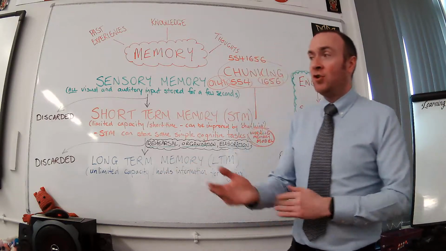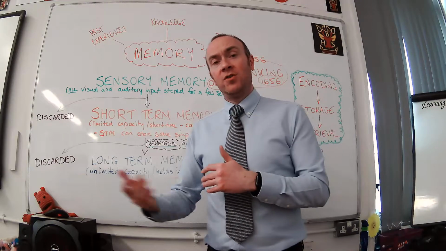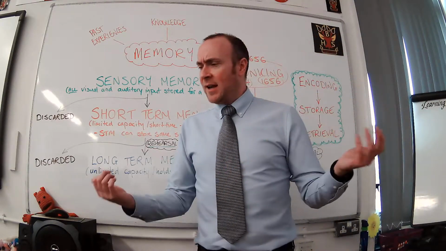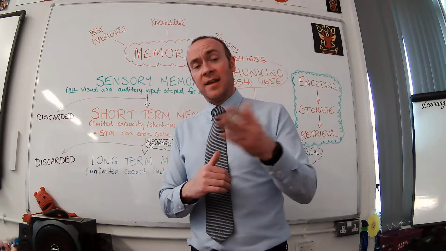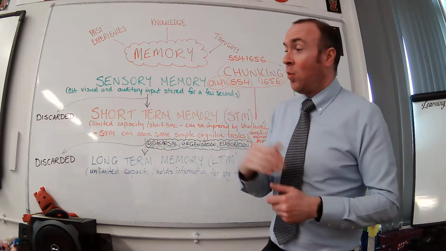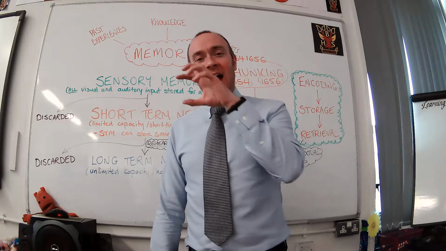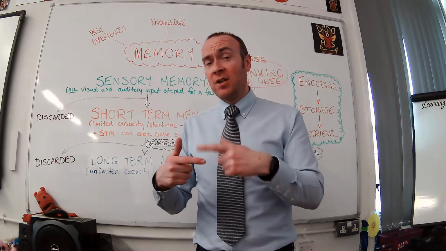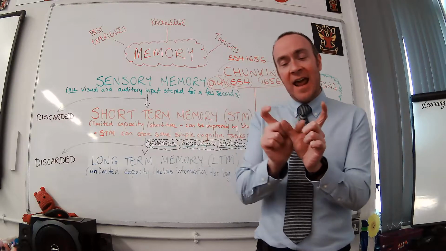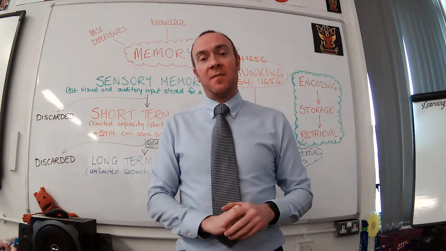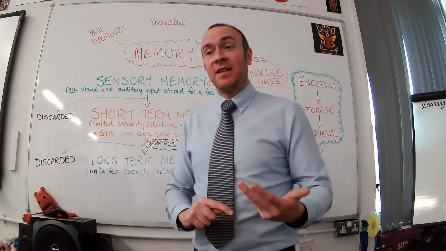So if you're introducing new people to somebody else and you say, well, this is David. Hi, David. A few days later, what was that guy's name again? But if you say, hi, this is David and he works at the post office, that added piece of information, that elaboration, you can then connect working at the post office with the name David, and it increases your chance of remembering the name. That's the idea of elaboration.